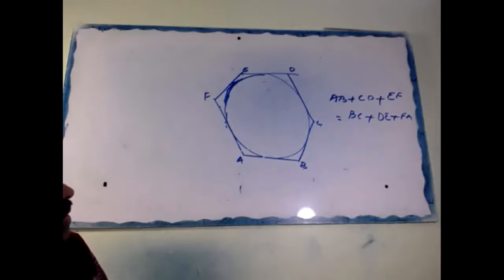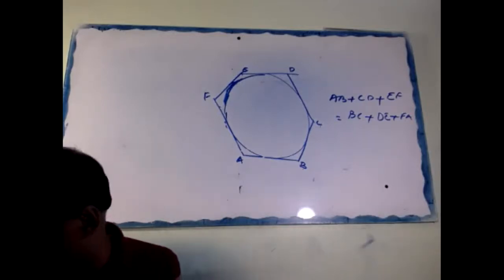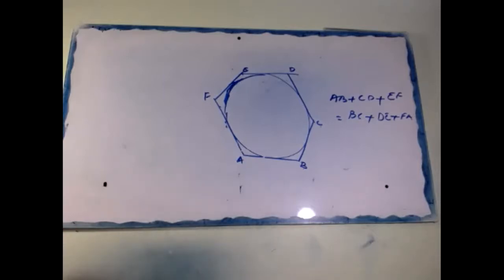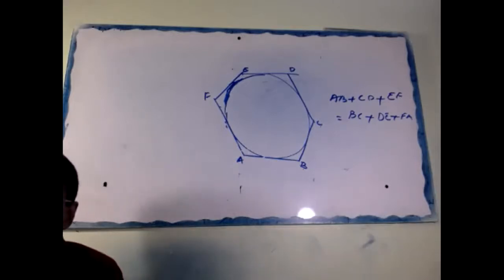We need AB plus CD plus EF equal to BC plus DE plus FA. Okay, try now.